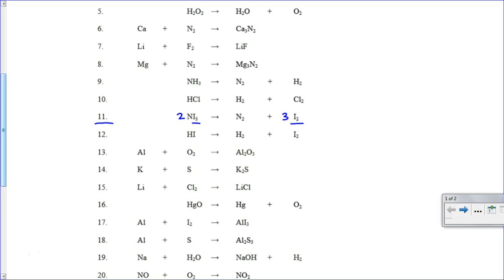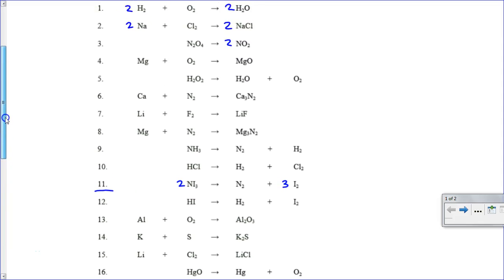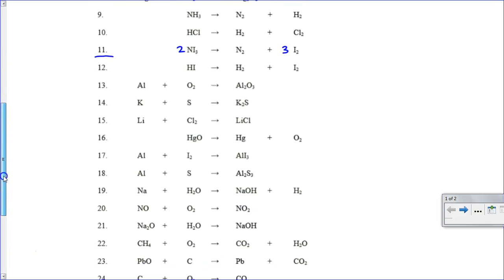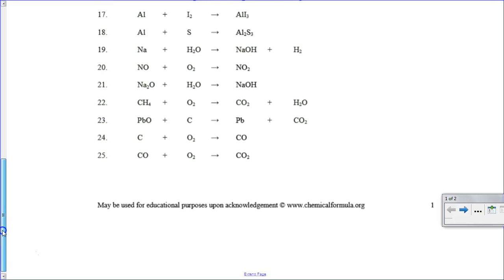And so sometimes you encounter this situation where we have 2 of an element on one side and 3 of an element on the other side, and you switch the subscripts with the coefficients, and it helps to get it balanced there. I'll show you another example of that as I find it here. Maybe on the second page.